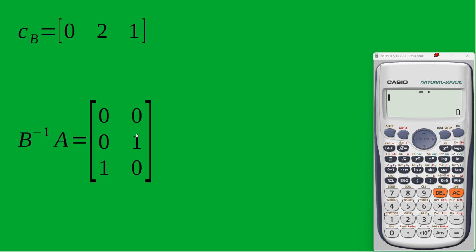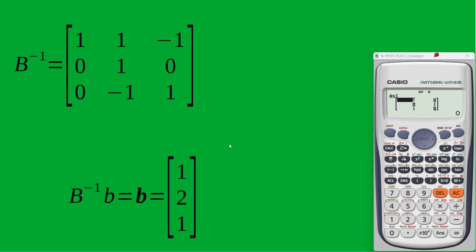And B inverse into A, let's find it out. What is going to be the fresh B inverse into A now? This is going to be shift 4 inverse into shift 4 3. There you are. It is 0, 0, 0, 1, and 1, 0. So we have it.